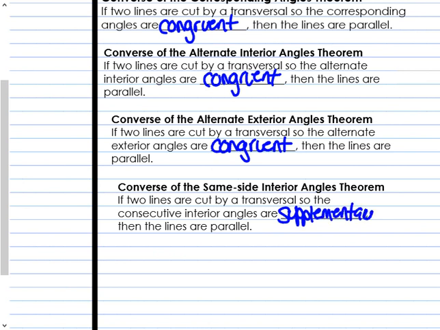And I told you last video that you might see consecutive interior instead of same side interior. So they might use the word same side, they might use the word consecutive. So if I'm looking at a picture and I see that I have angles that are congruent, depending on what the relationship is, that might mean that the lines are then parallel.